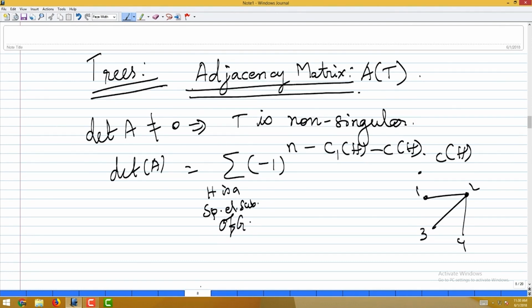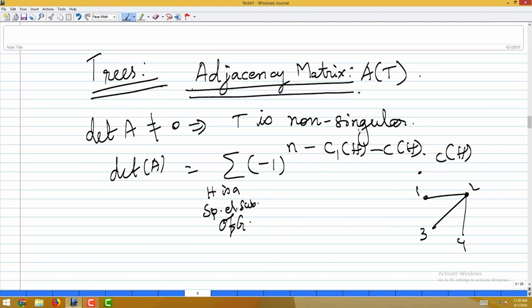How many such elementary spanning subgraphs are possible if a tree has a perfect matching? Only one, right, there cannot be two perfect matchings. So, if there is a unique perfect matching, the contribution to this sum comes only from that one spanning elementary subgraph.